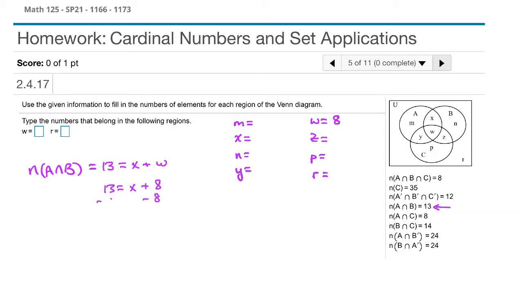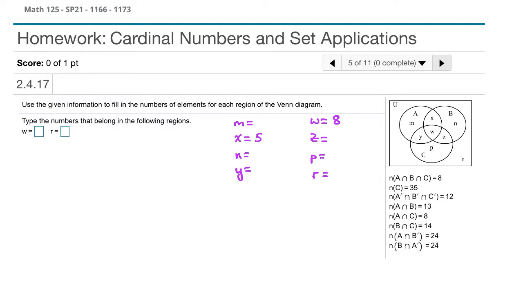Subtracting 8 on both sides, 13 minus 8 gives us a value of 5 for X. And so we figured out our value for X.